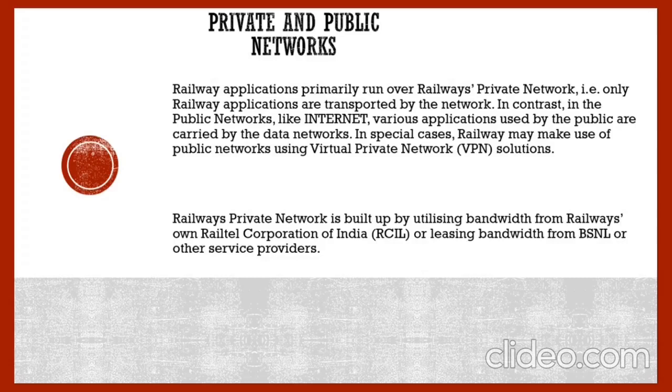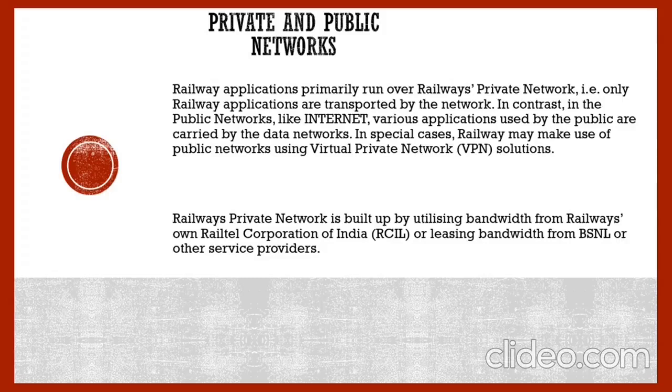So to bridge that gap between users on the public network and the private network of Indian Railway, they are using a VPN, or virtual private network, which is again public, but so secure that it can be called private.